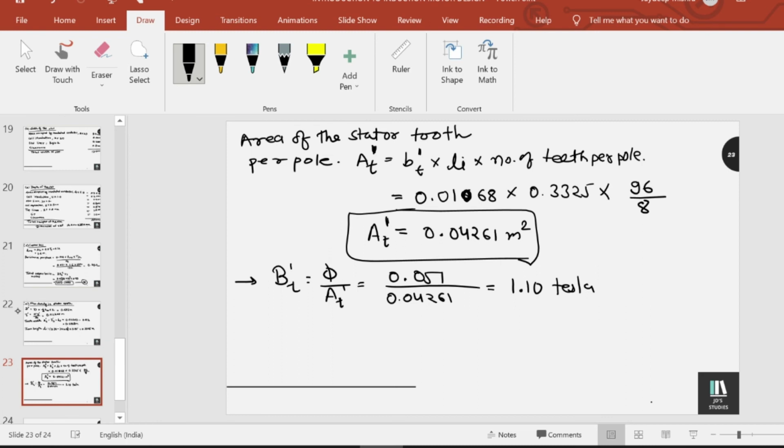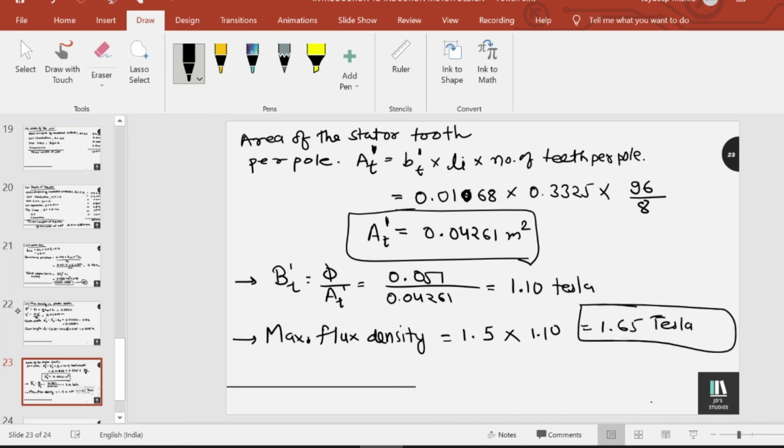Okay, so what is the maximum flux density? Maximum flux density in stator tooth is 1.5 into 1.10 Tesla, which is 1.65 Tesla.